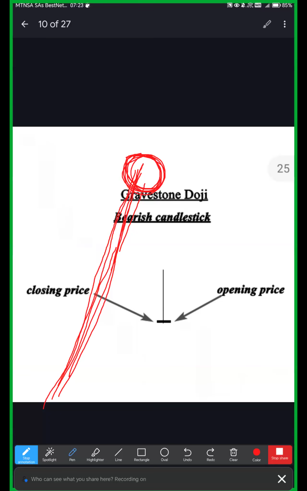Now, the question is, how are you going to dodge these graves? Because there is a possibility that you may be buried here if you were not aware. If you don't control your emotions when you are trading, you end up falling into these graves, because they are gravestone dojis here at the top.